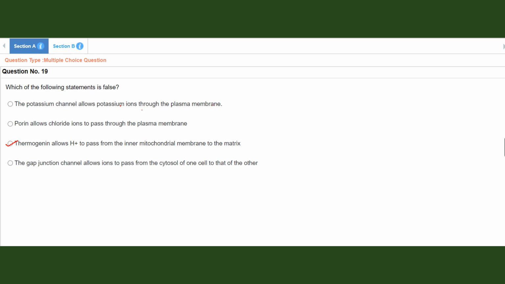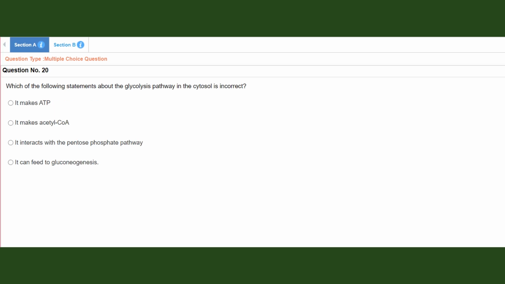That's a true line. 4. The gap junction channel allows ions to pass from the cytosol of one cell to that of the other. True. The only thing which is wrong is this: porin allows chloride ions to pass, because chloride ions pass through the ion channels, and porins are very selective and allow only certain molecules to pass through. So the answer will be B.